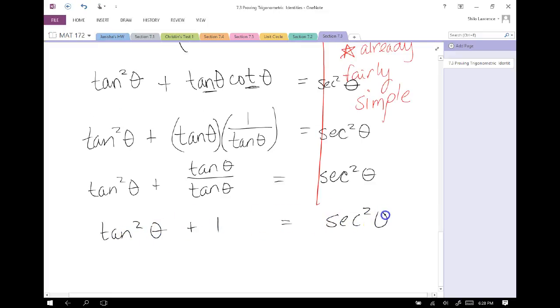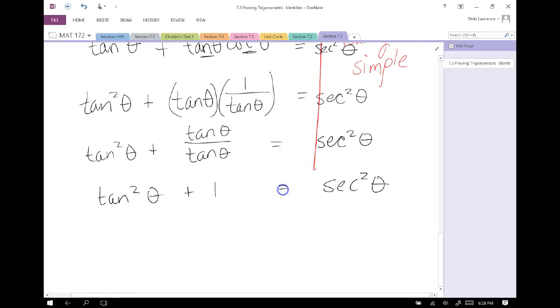Now, some people would stop right here and say, this is a true statement, tan squared plus 1 equals secant squared. But to prove an identity, you are not done until both sides say the exact same thing. So on the left-hand side, tan squared plus 1, this is a Pythagorean identity for secant squared.